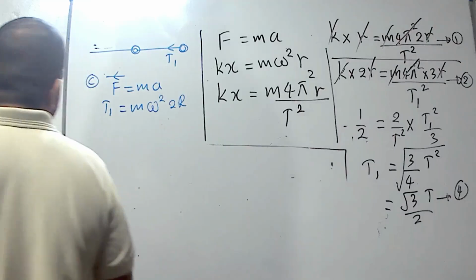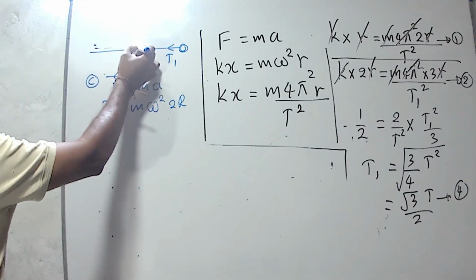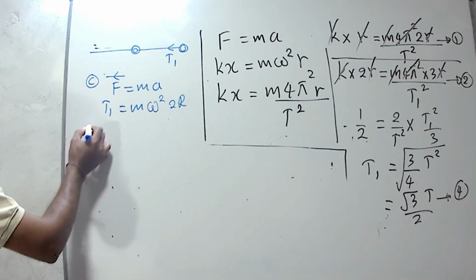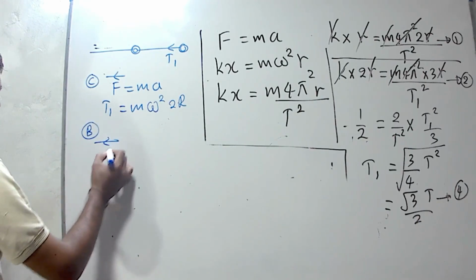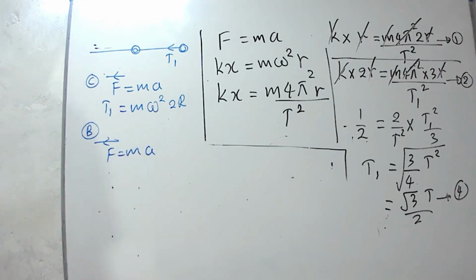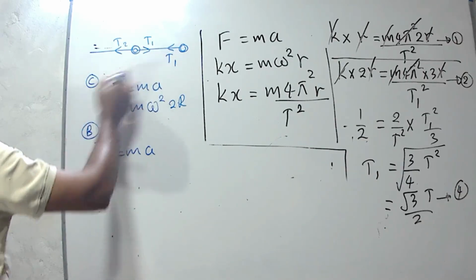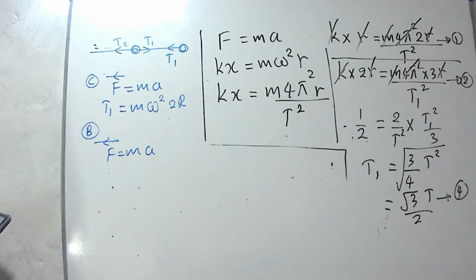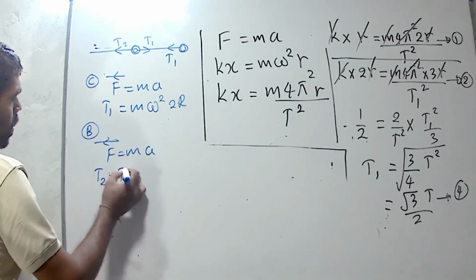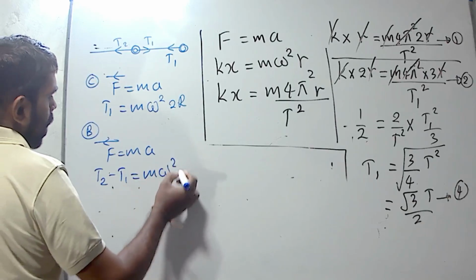Then I will use this object B, and F equals MA towards the center. Now there are two forces, T2 and T1. T1 is equal and opposite, action and reaction. Then we can get T2 minus T1 equals M omega squared r.